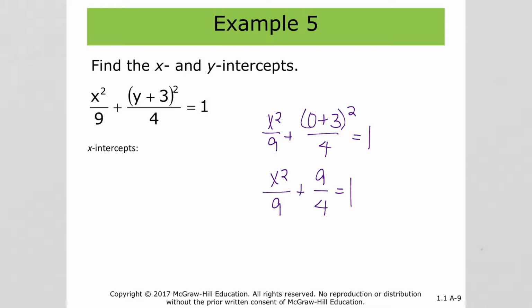So that's what we've got there. If we subtract 9/4 from both sides, then 1 minus 9/4 is negative 5/4.